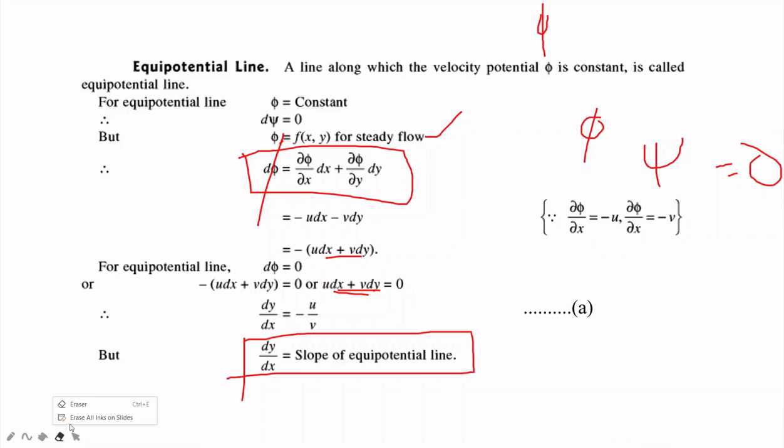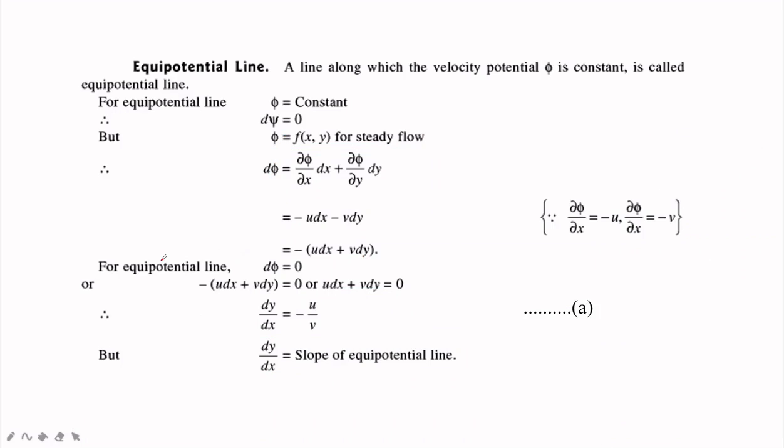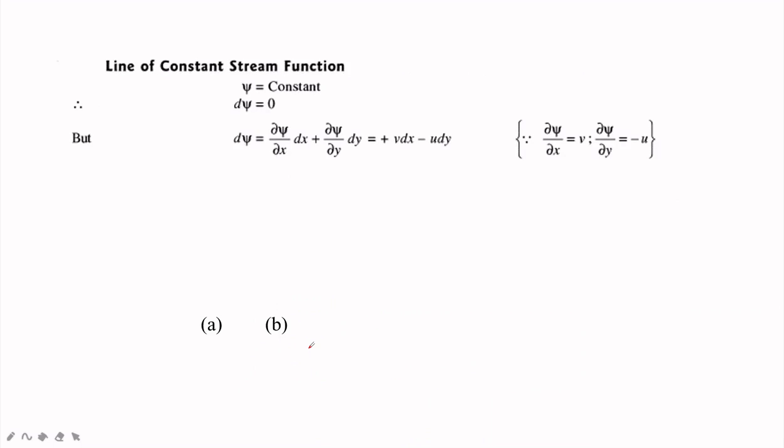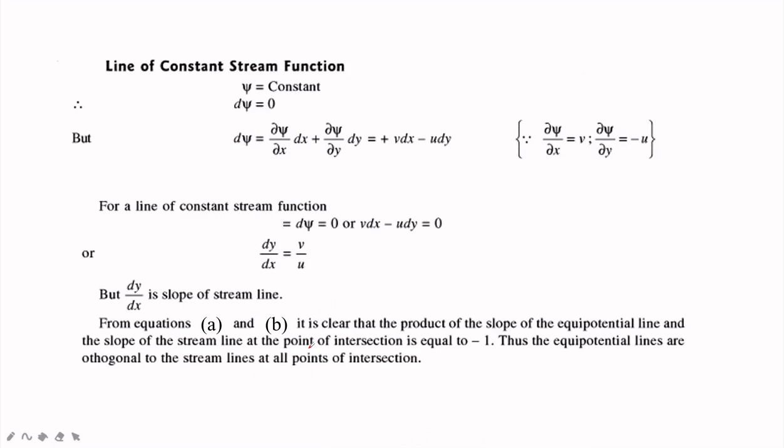So for an equipotential line, dφ is equal to 0, you will get dy/dx as -u/v, and this dy/dx is called the slope of the equipotential line. Remember this. Now the line of constant stream function.